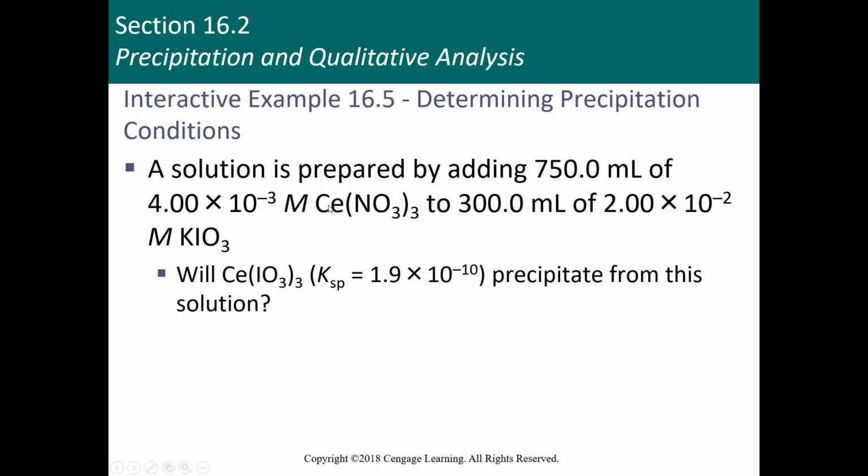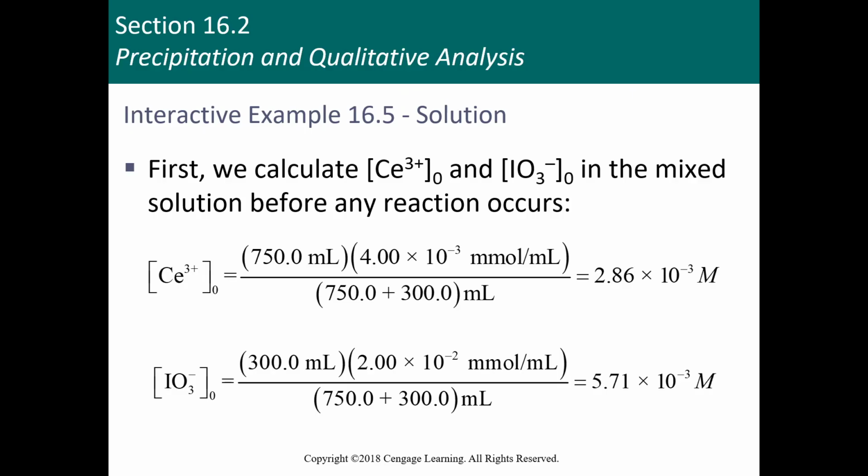So stoichiometrically, for every one of these we broke up, we would have only gotten one Ce, right? And for this one down here, for every potassium iodate we broke up, we would get a single iodate out. And so we don't have to deal with any 2 to 1 or anything like that, okay? We just have 1 to 1s. And so we can just directly plug in those concentrations we're given here.